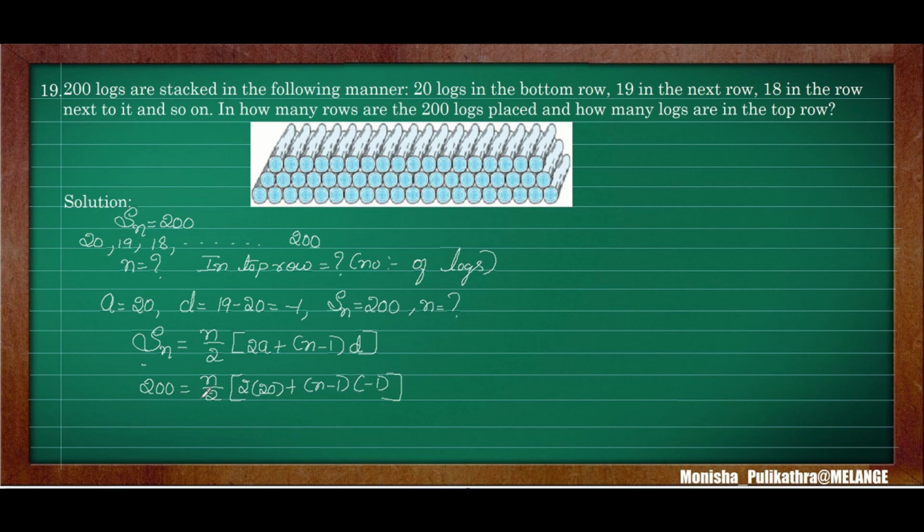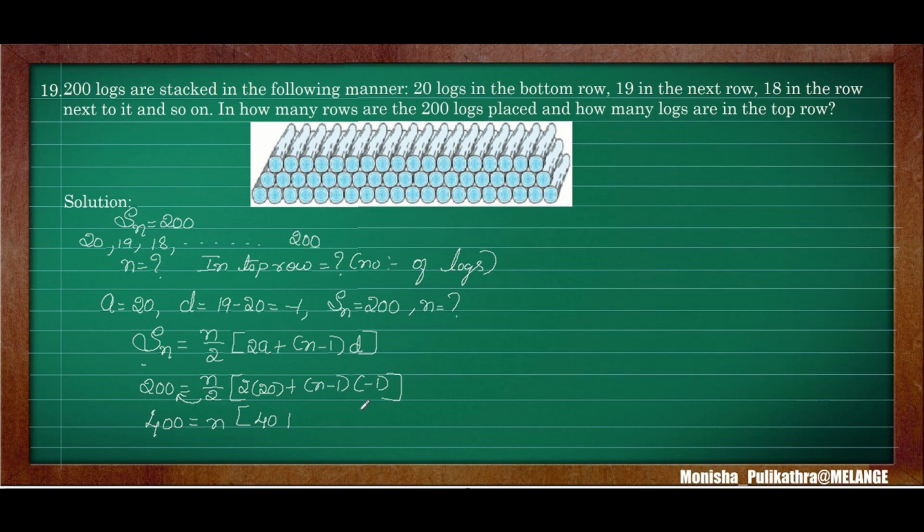Okay. So we can cross multiply this, 2 into 200. So 2 into 200 is 400, equal to N into 40 plus we need to multiply it. So plus into minus is minus N, minus into minus is plus 1.